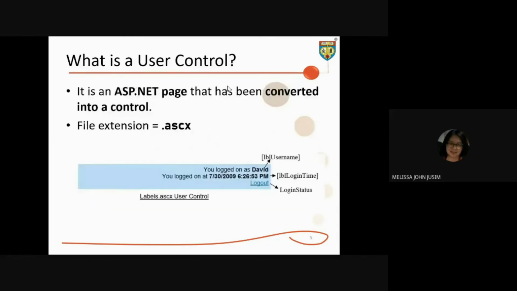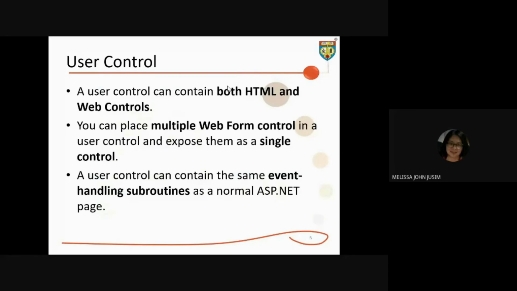It depends on how you create your user control. Here we use the word expose. You will understand later when we look at the code. And since we can place web form controls in our ASCX page, it will also use the same event handling.